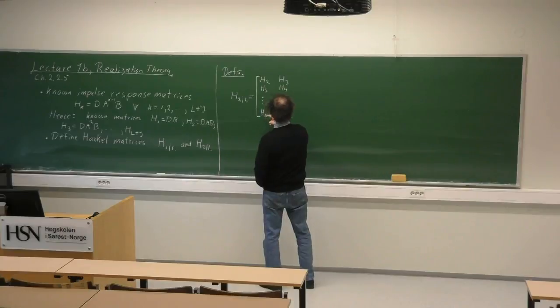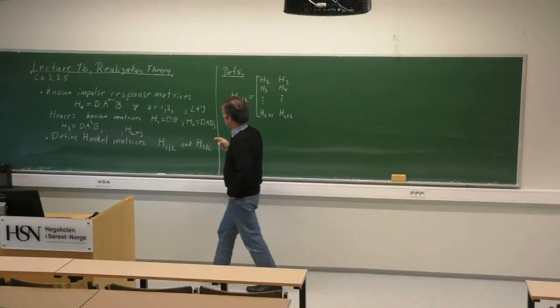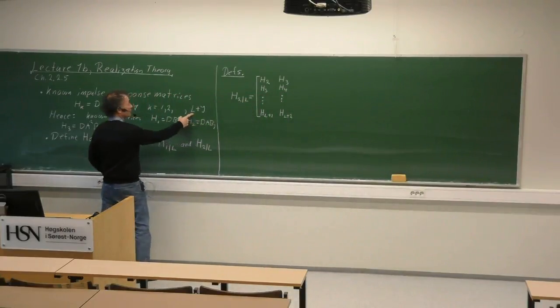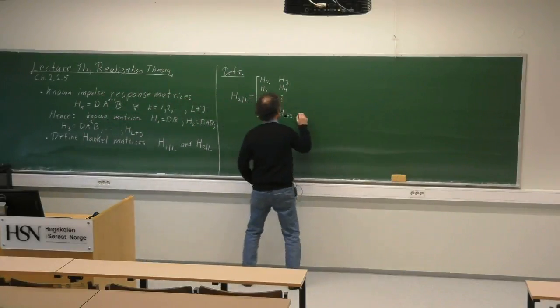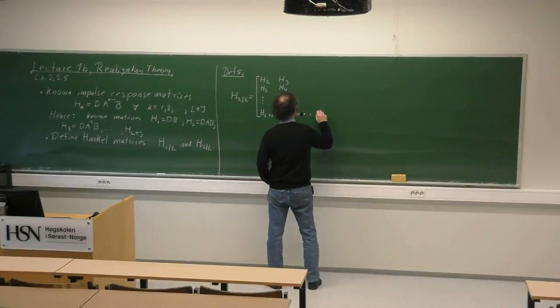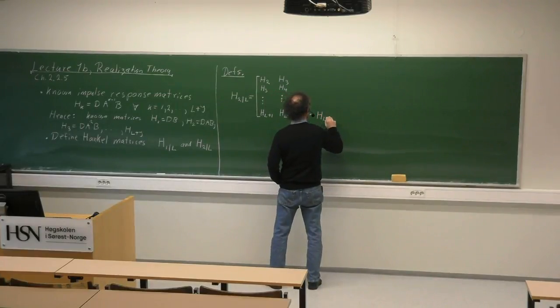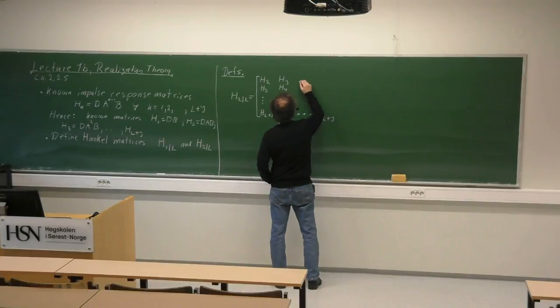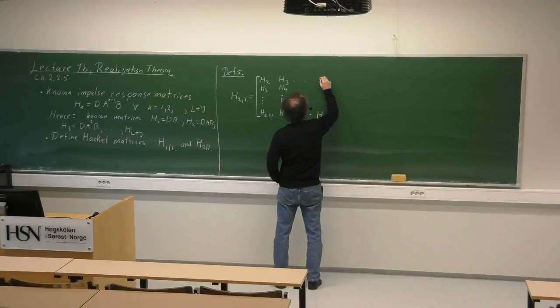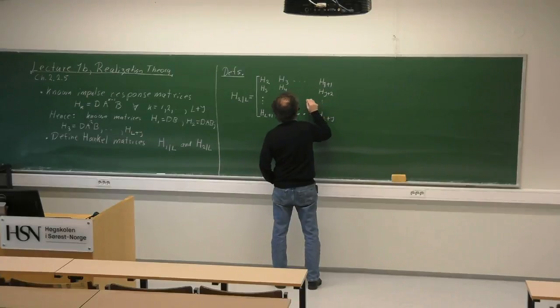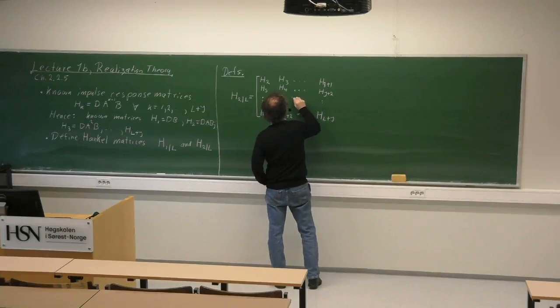And using all your impulse response matrices up to K equal to L plus J, then you have H_{L+J} here, and dot dot dot, H_{J+1}, H_{J+2}, and like this.